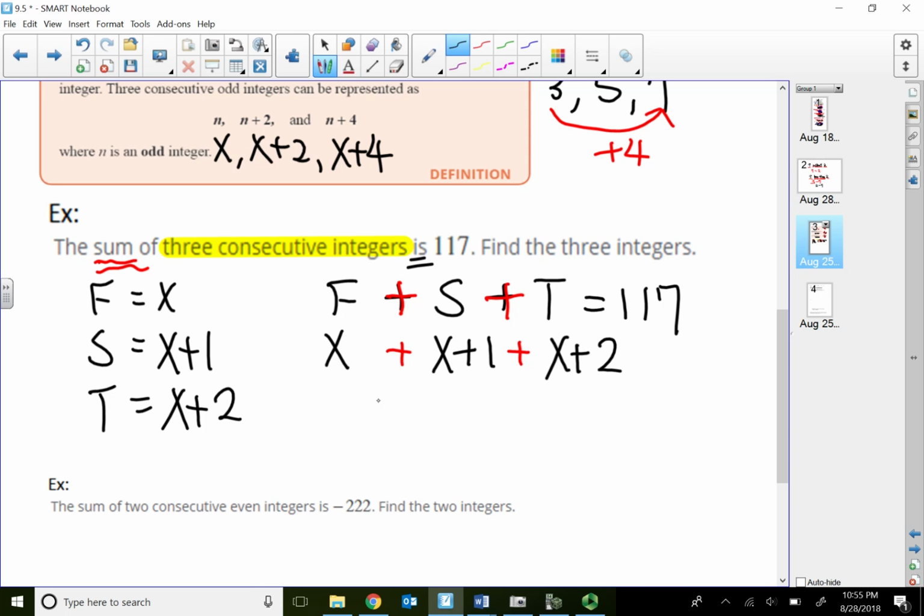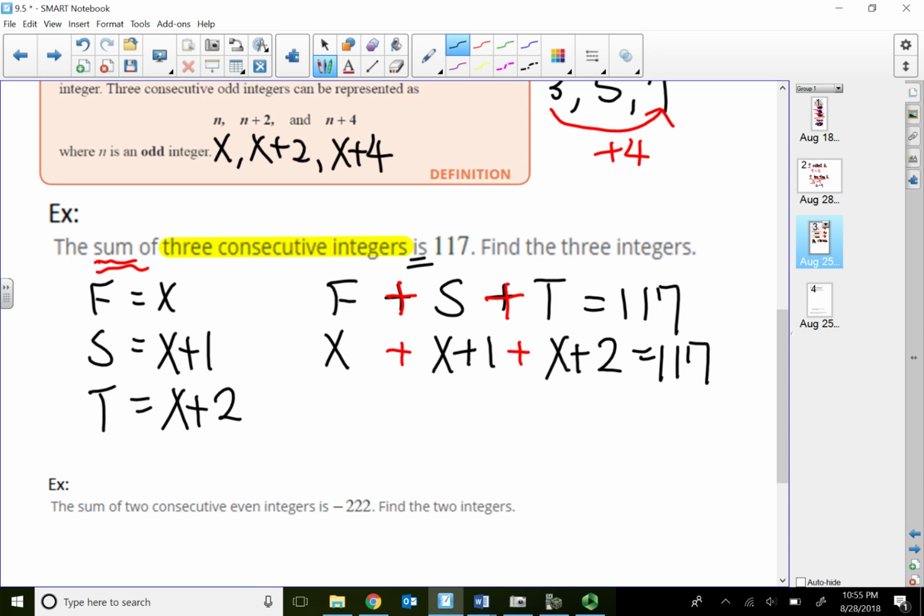It's just that when we translate them, the second integer is now x plus 1. The third integer is now x plus 2, together equal to 117. Okay, so I reuse the red plus sign to separate what the terms represent.